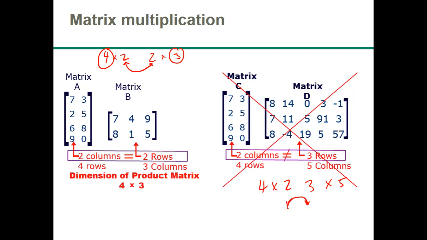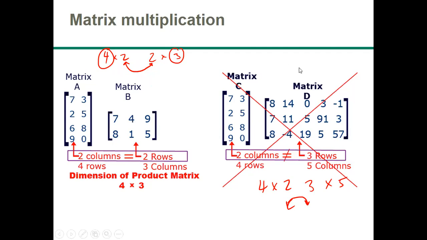No. Sad face. They do not pass the smile test. So that means that there is no product matrix. I cannot multiply these two together. It's just the inside. It's just the columns of the first, the rows of the second. So you see how they're happy? We're happy. We're matrices.